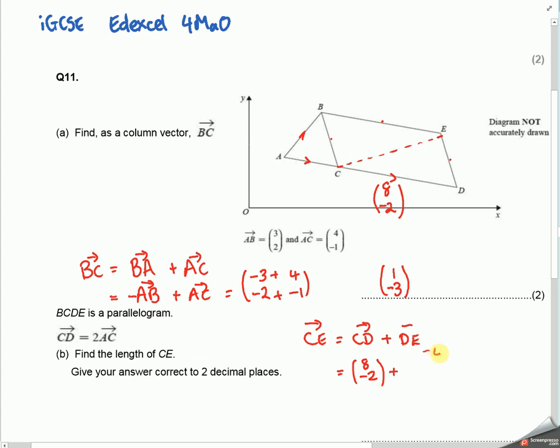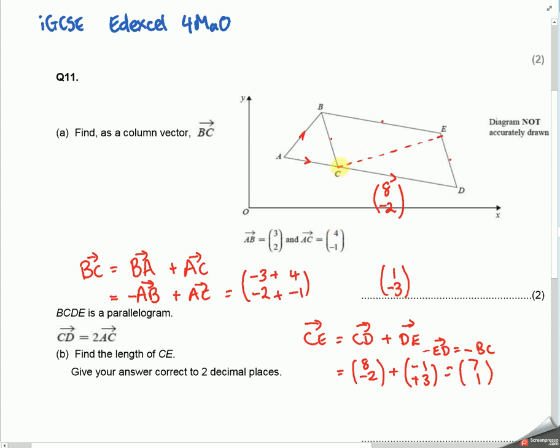So this is the negative form of ED, and the negative form of ED is the negative of BC. So we're adding on minus 1, plus 3, the opposite of our previous answer. Add those together and we get the vector 7, 1.